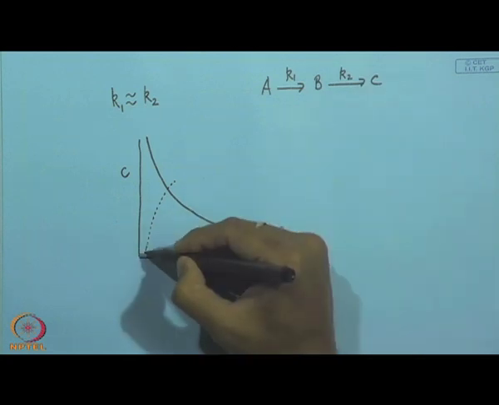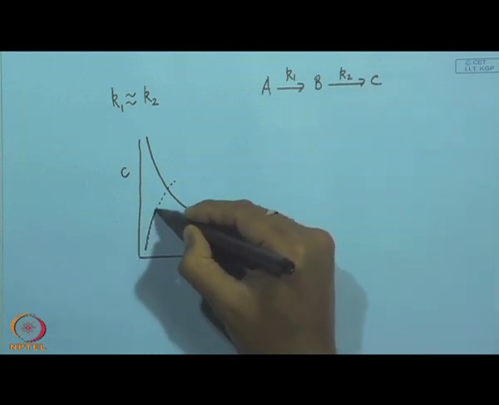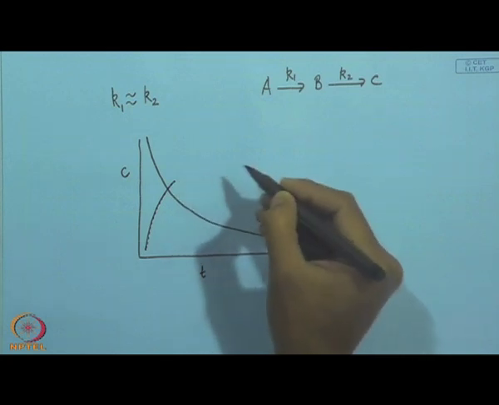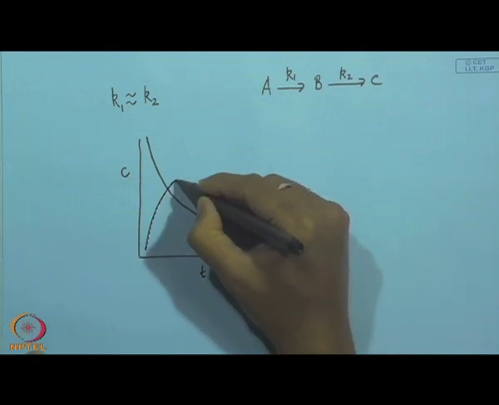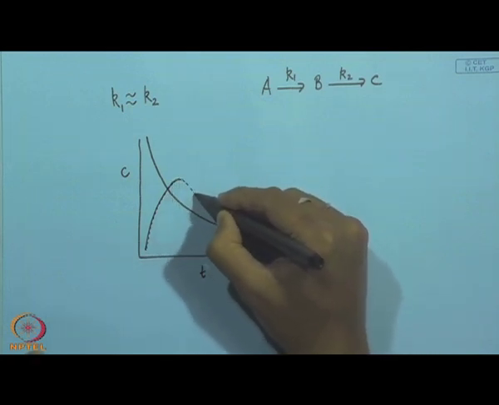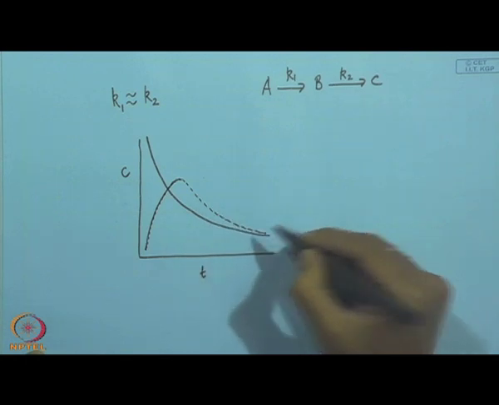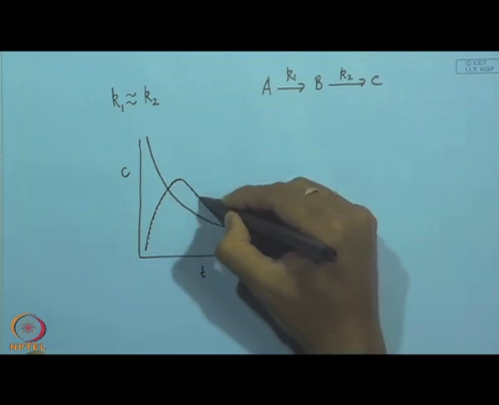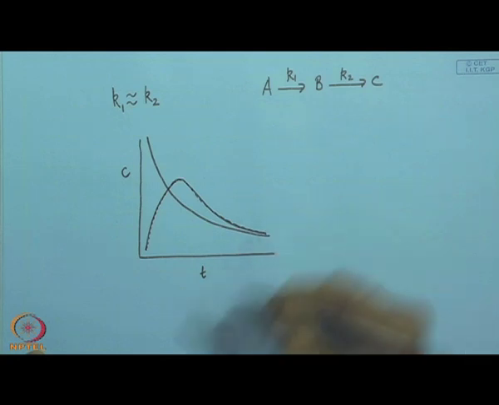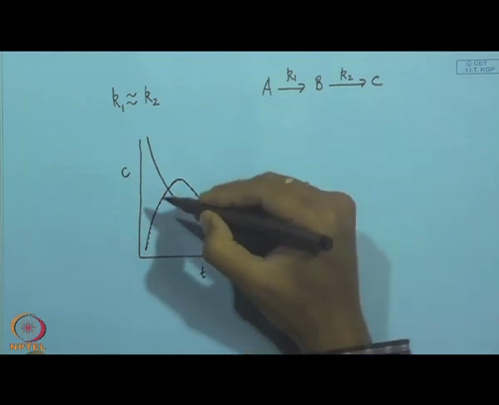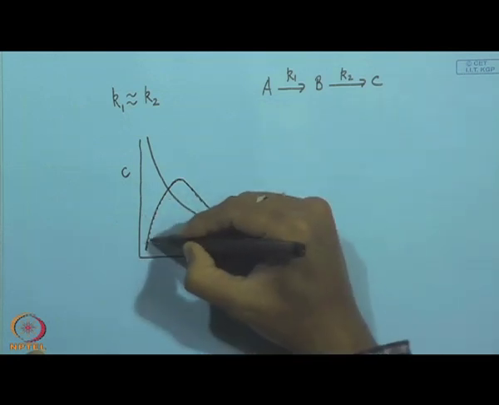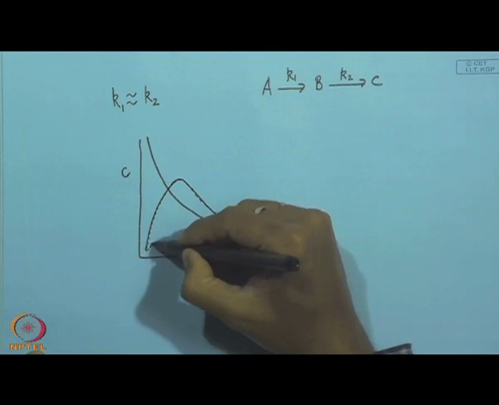That is why up to a certain point it will keep on rising and then eventually it will decay because of the second step of K2. And what about C? C will follow like this.